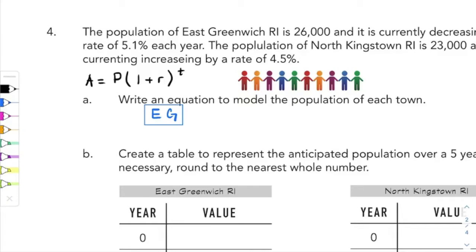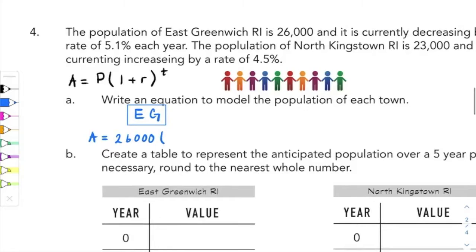For the East Greenwich town, our population starts off at 26,000. It is decreasing by a rate of 5.1. If it's decreasing, then you're subtracting the rate, because the population needs to get smaller. The only way for that to happen is with that subtraction sign.